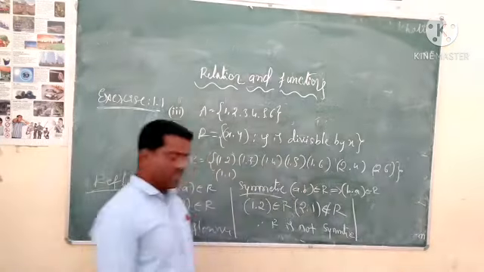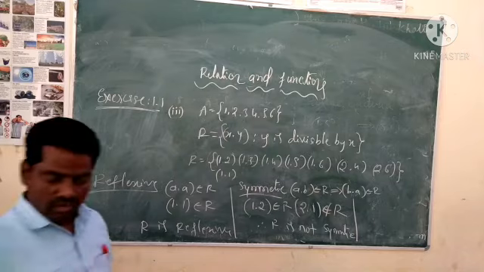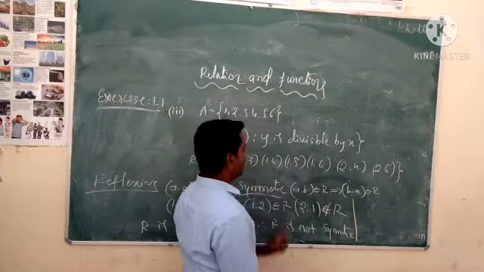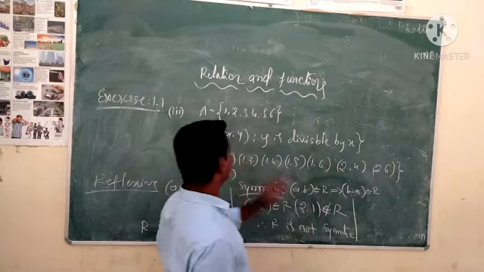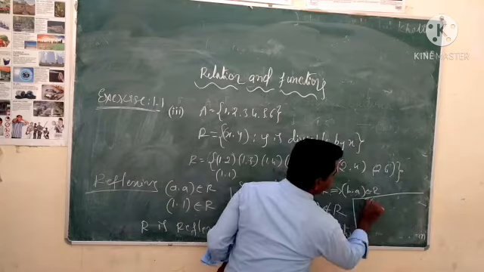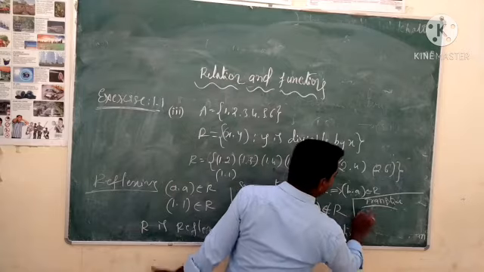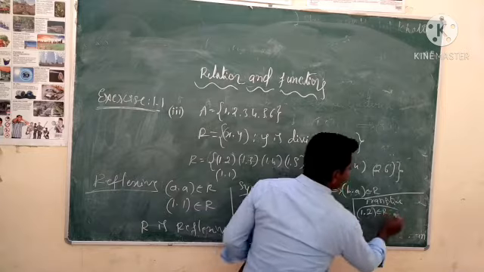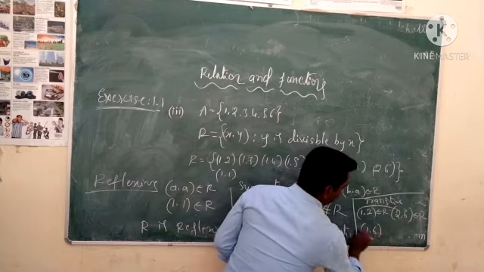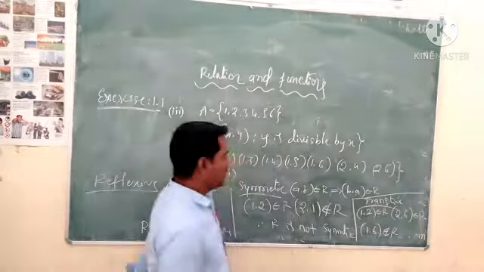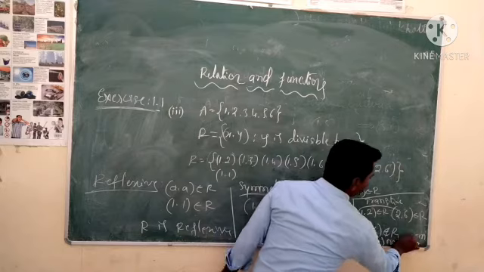Okay, next, the third one. What about transitive? (1, 2) belongs to R, (2, 6) belongs to R, but (1, 6)... Here (1, 2) belongs to R, (2, 6) belongs to R, but (1, 6) does not belong to R. Therefore R is not transitive.